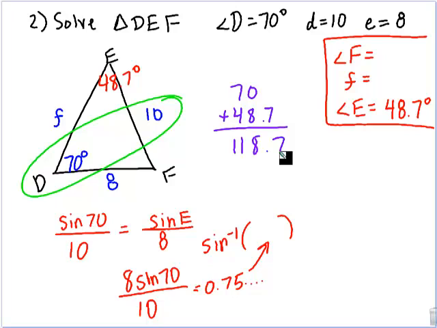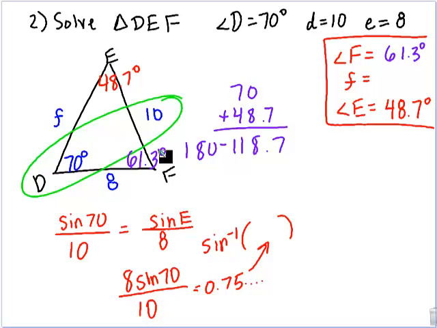Yep. Then what should we do with that? Subtract it from 180. 61.3. So we get 61.3 degrees. So that's our angle F.